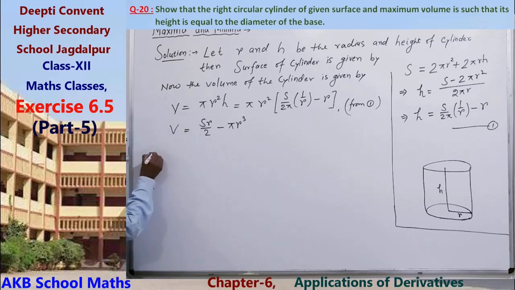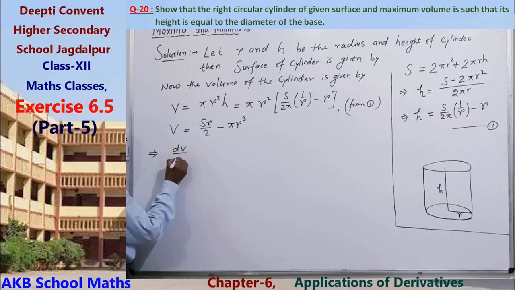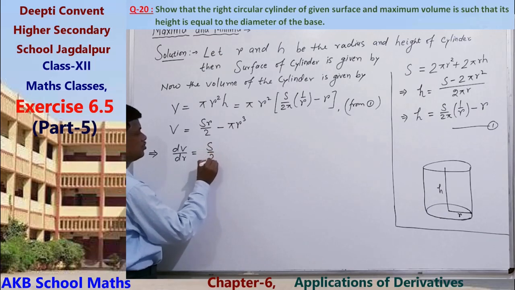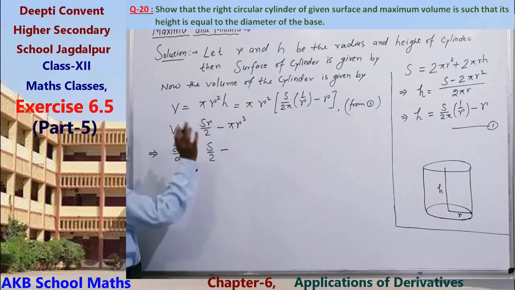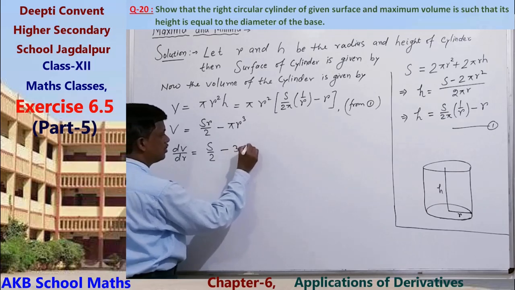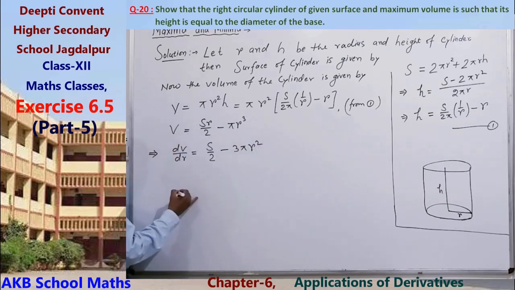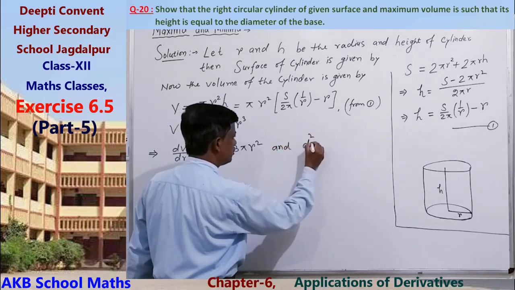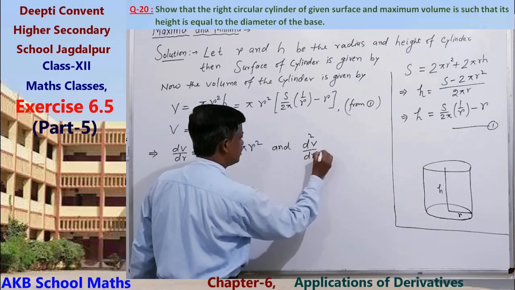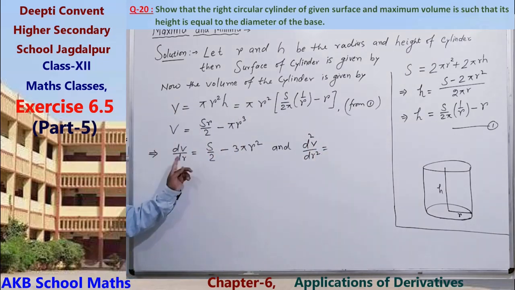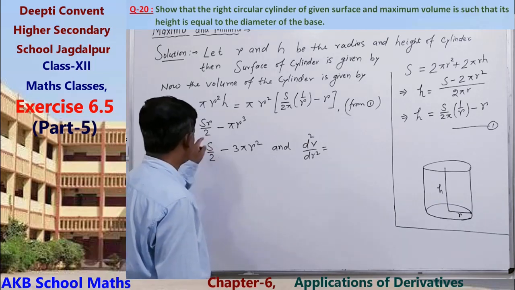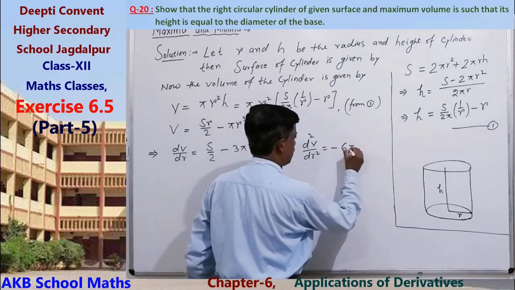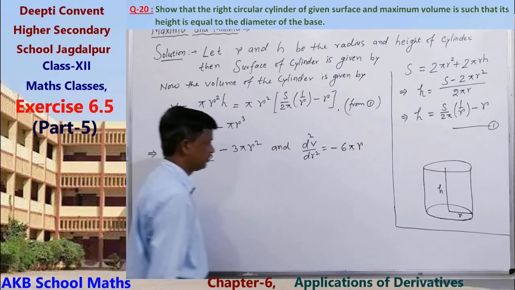So dV upon dr equals S by 2, derivative of r is 1, minus 3 pi r square, and also the second derivative d2V upon dr square, again the derivative, equals 0 minus 6 pi r. Okay.